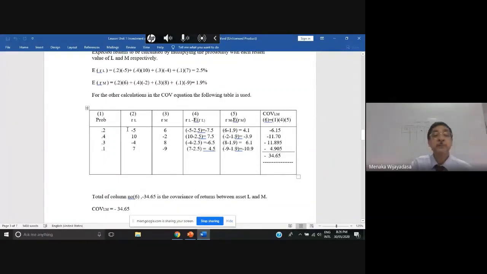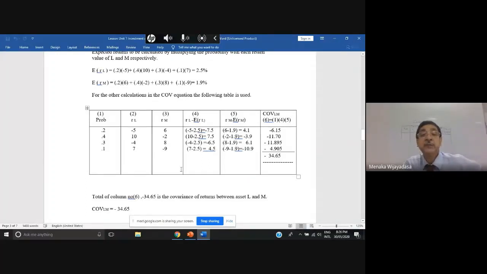In the second column, you give the rate of return of L. In the third column, you give the rate of return of M. In the fourth column, you give RL minus ERL. ERL is already calculated. RL is given here. RL minus ERL comes in column 4. Column 5 is RM minus ERM. So this is the deviation we are calculating.